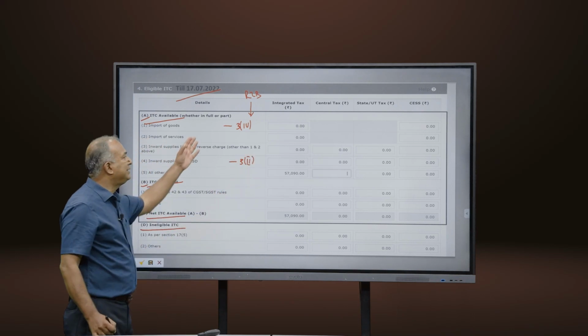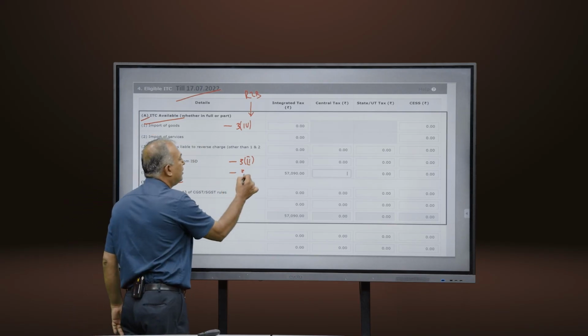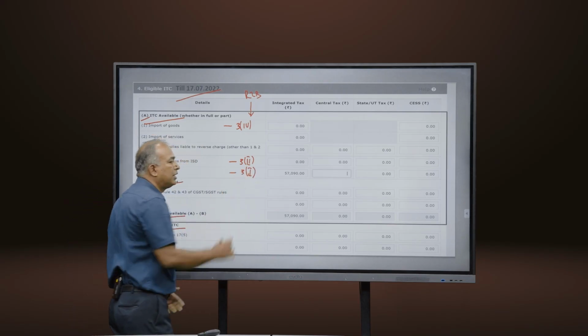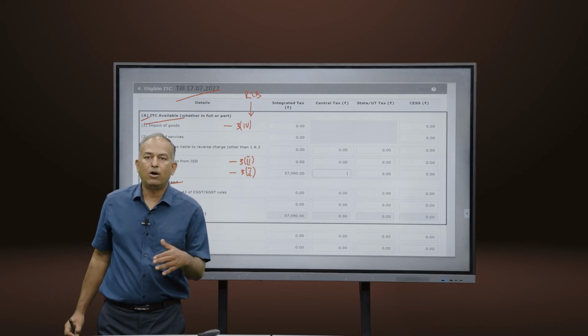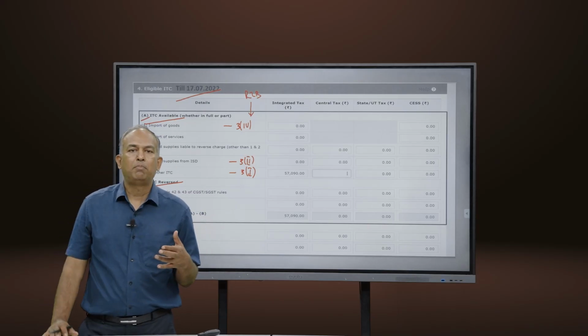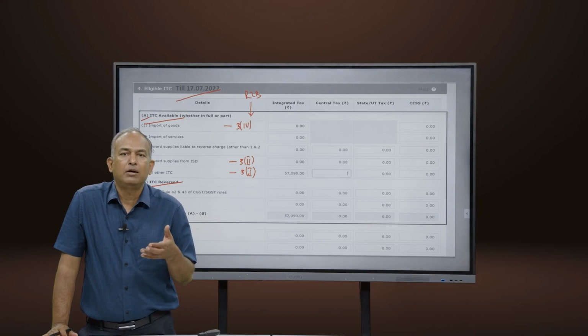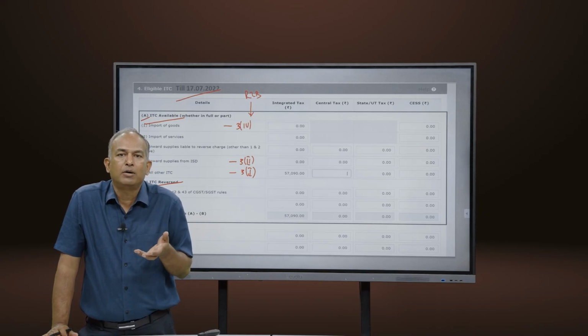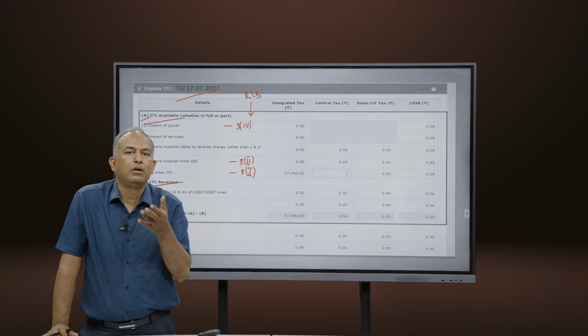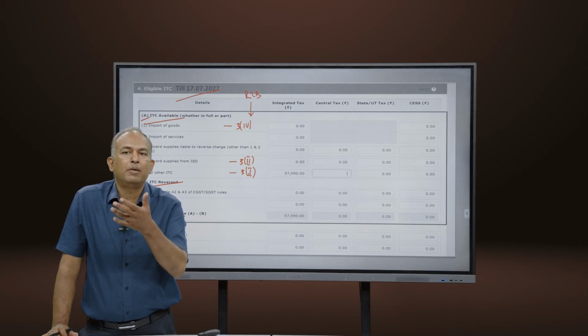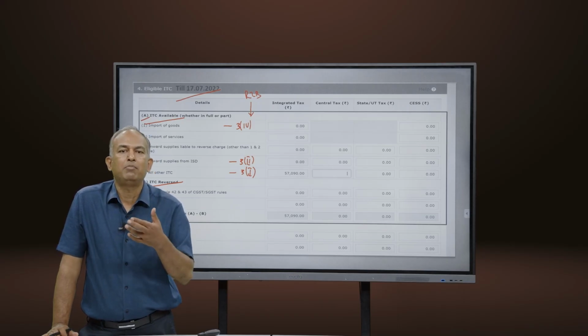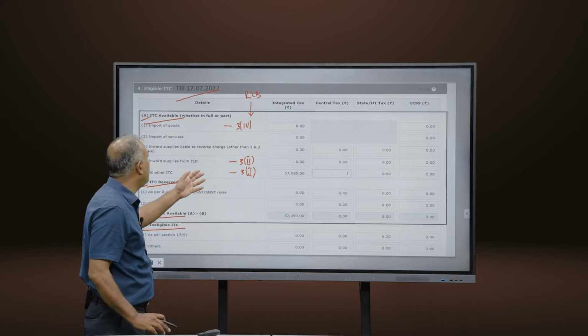All other ITC came in from 3-1, which was the same as part A of your GSTR-2A. And where did part A and 3-1 come from? It came from table 4A, 4B, 6B, 6C, the amendment entry in 9A, the debit note and credit note in table 9B, and the amendment entry in 9C. That is where it came from.